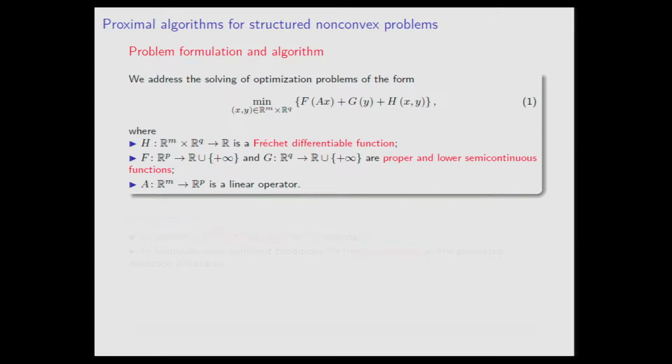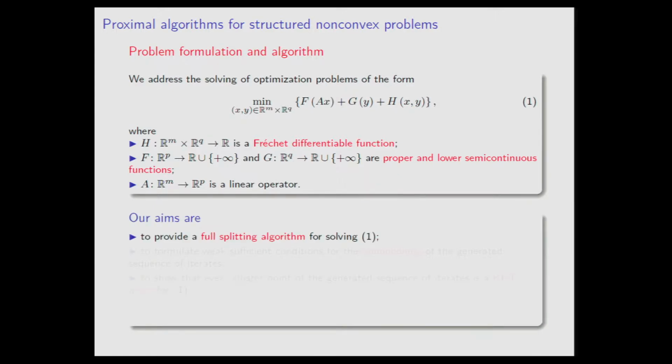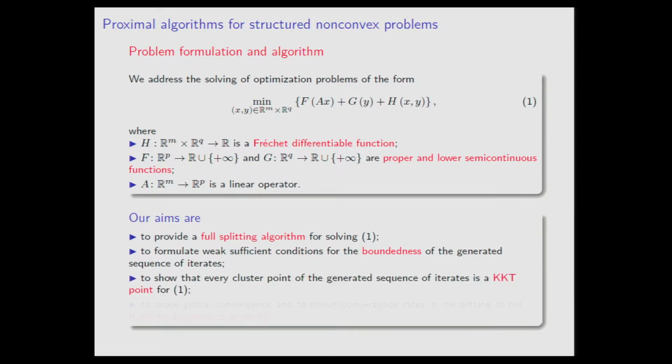The aim is, as I said, to provide a full splitting algorithm, to formulate general conditions which guarantee that the sequence of iterates is bounded, which is one of the most important aspects in the non-convex world. Then to show that every cluster point is a KKT point, to prove global convergence, and to provide convergence rates in the setting of the Kurdyka-Lojasiewicz property.